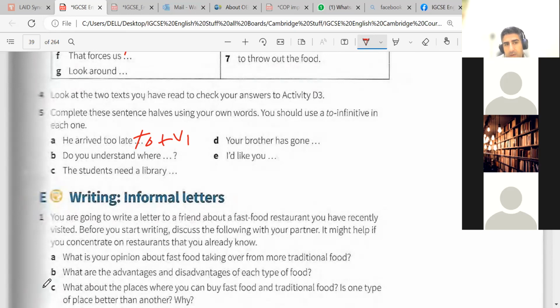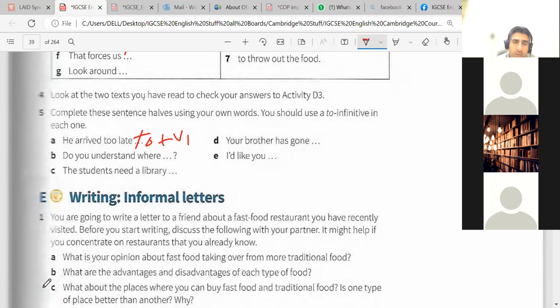He arrived too late to order food, for example. He arrived too late to order the food. Okay? He arrived too late to catch the bus, for example. Does it make sense? Is it clear, Juri? Yes, it's clear.